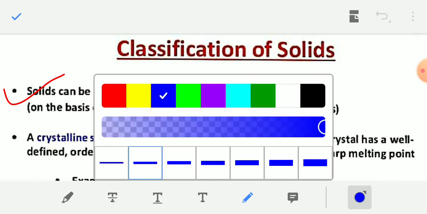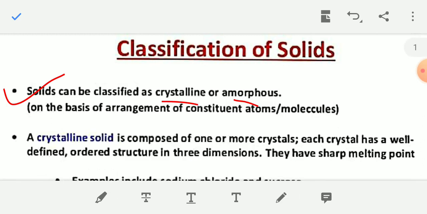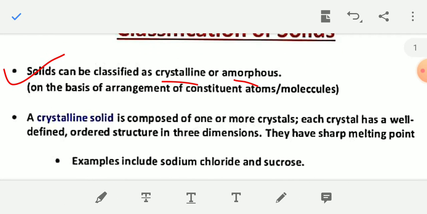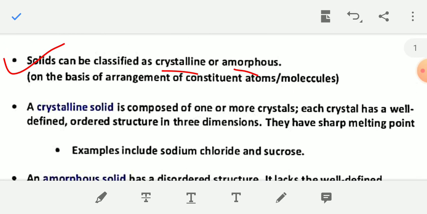This is on the basis of arrangement of constituent particles. Constituent particles may be atoms, ions, and molecules.